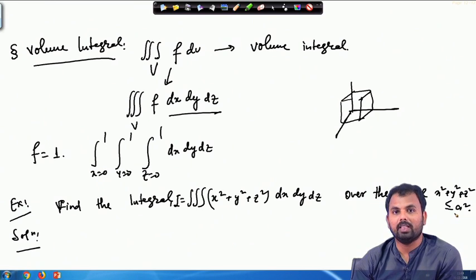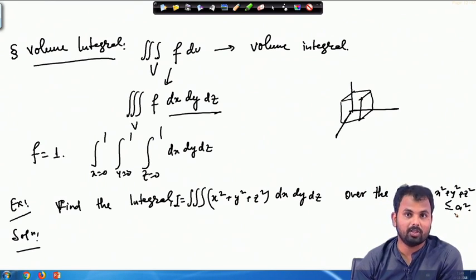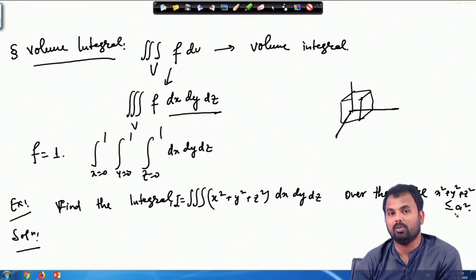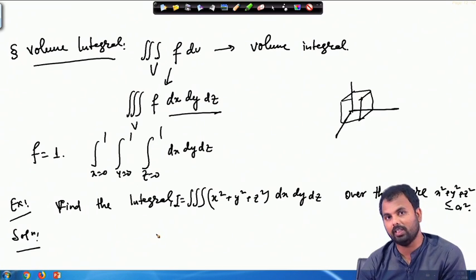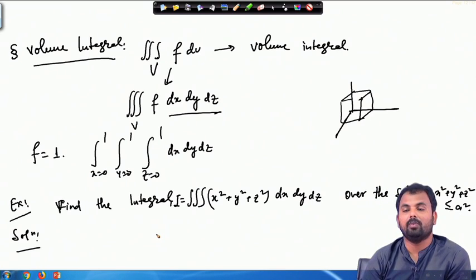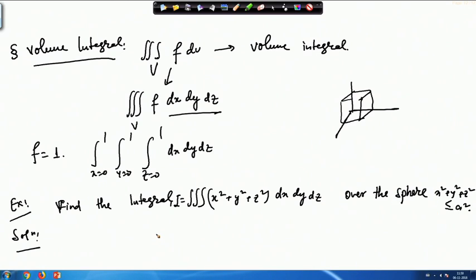We can think of it as our circle situation, where we had x square plus y square equals a square, and in that case we substituted x equals r cos theta, y equals r sin theta, and transformed the whole integral into an integral with r and theta using the Jacobian and change of variables.